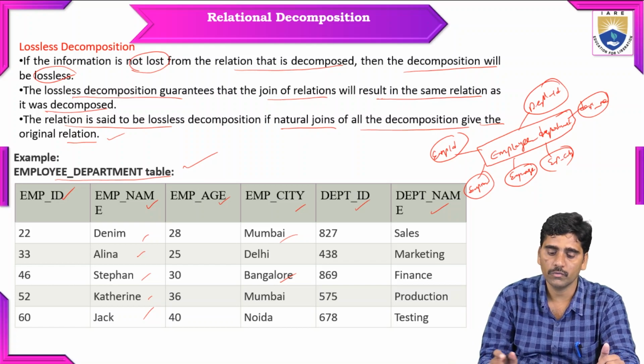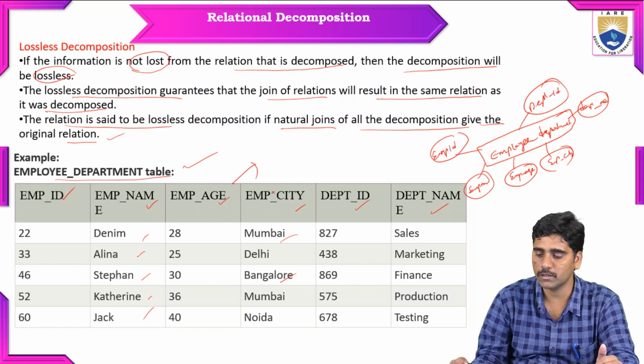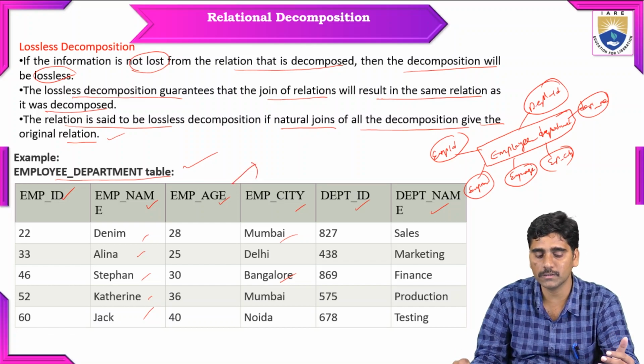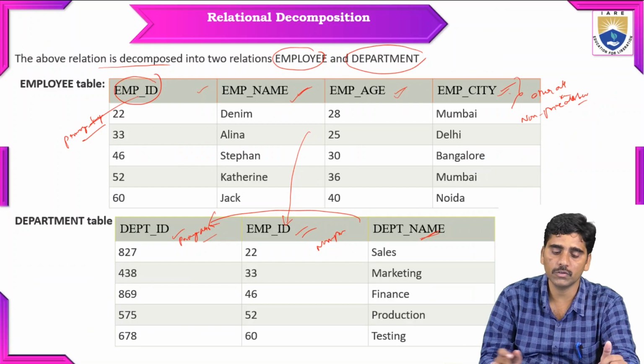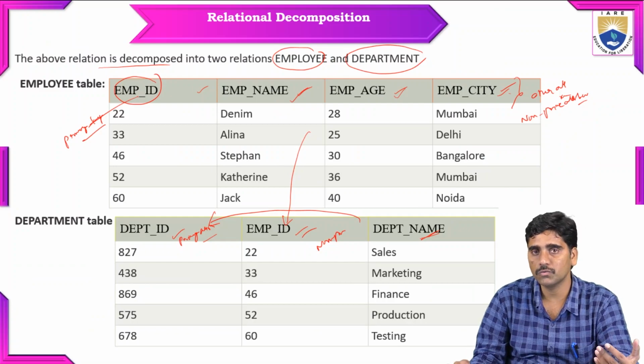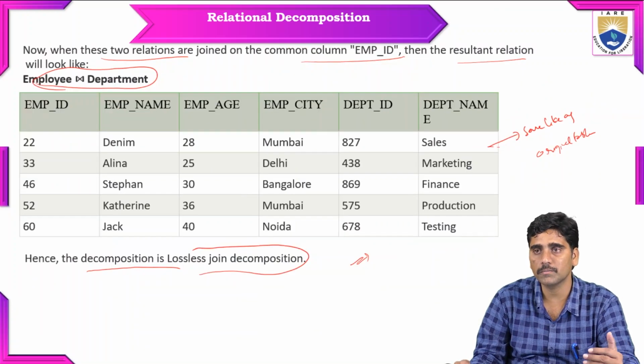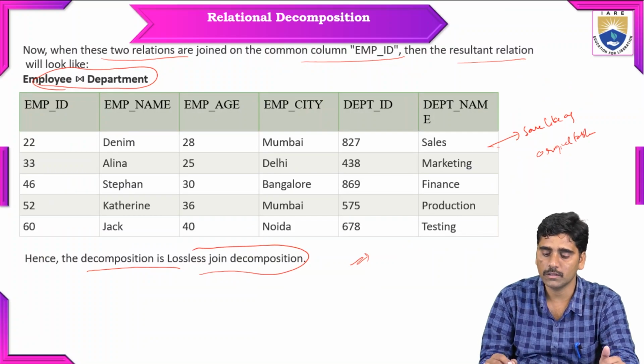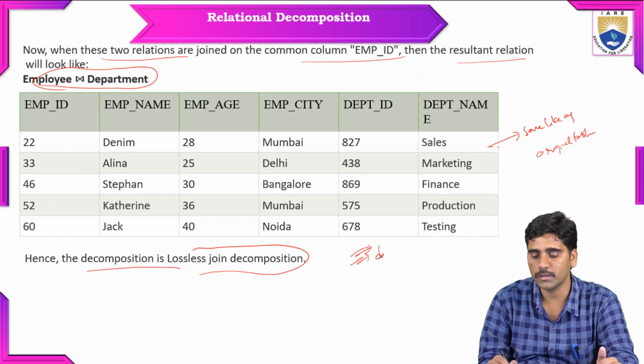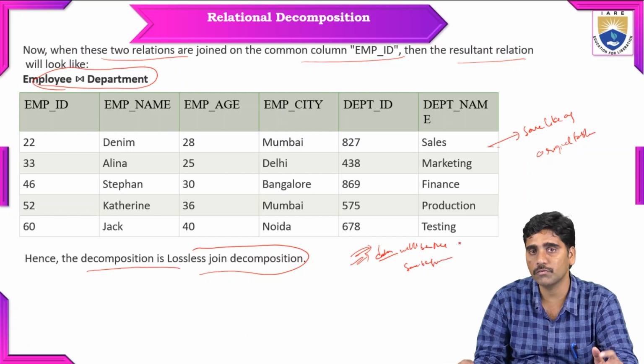Here we take the table as a normal relation and split it into two tables. After splitting, we perform a join on the two tables, then the resultant data will be the same as before applying the decomposition process.